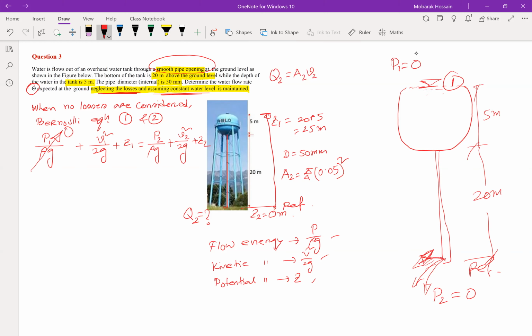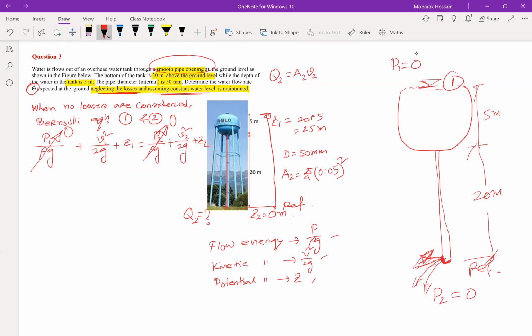If this point were closed, then at point 2 your pressure would be rho g h, the density, the gravity acceleration, then the height of the liquid. But here it is not closed, your pipe is open, so water discharges to the air, and the pressure at 2 will also be 0.